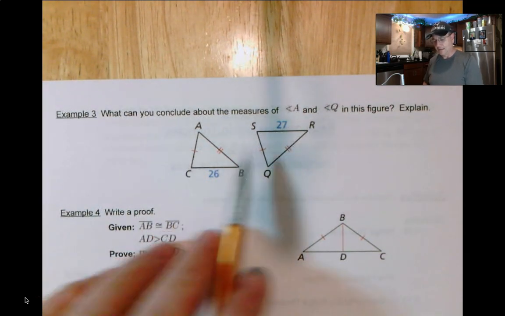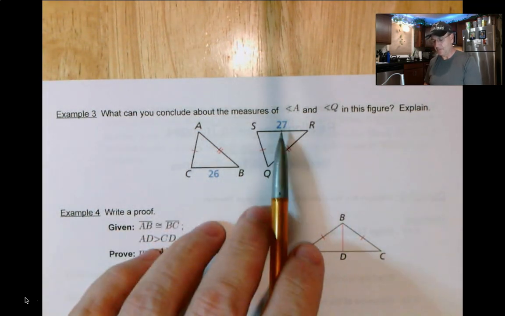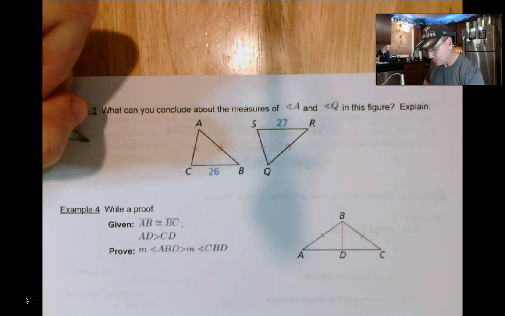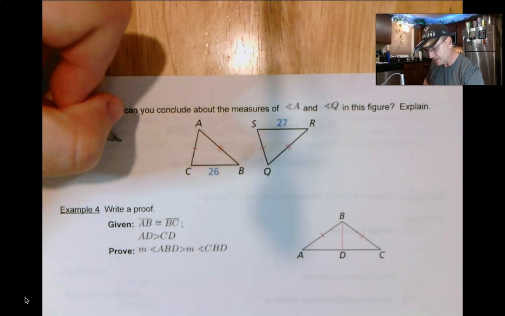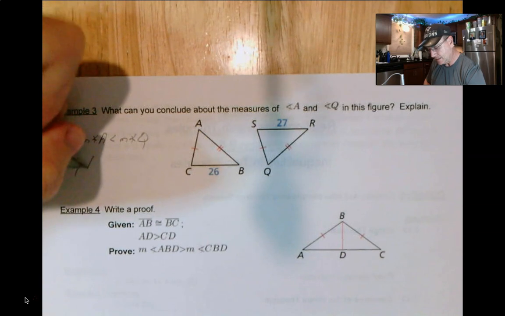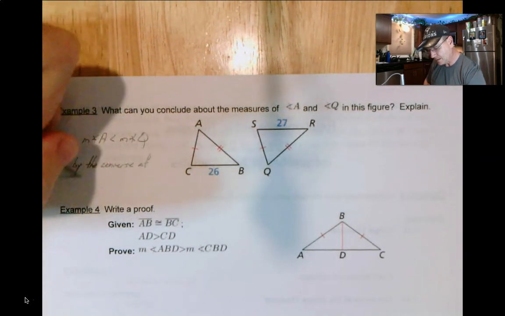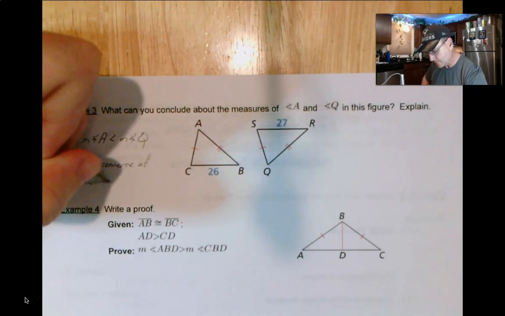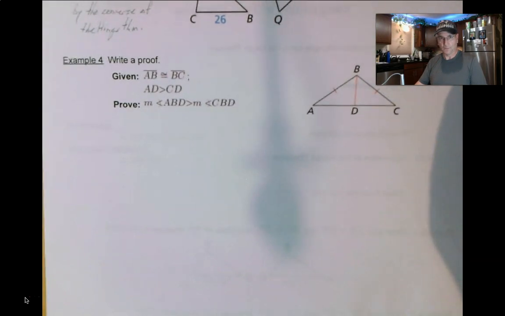So AC is congruent to SQ, AB is congruent to QR, 26, which is opposite angle A, is smaller than 27, which is opposite angle Q. So, the measure of angle A is less than the measure of angle Q by the converse of the triangle Hinge theorem, or just Hinge theorem? The Hinge theorem.